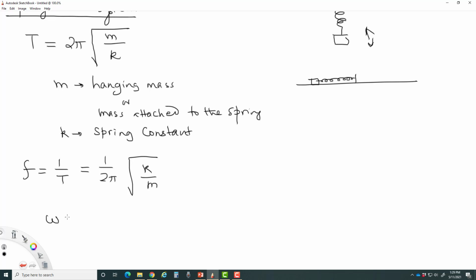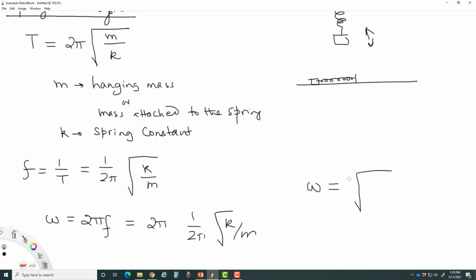And if I want to find omega, the angular frequency, it's 2 pi f, which is 2 pi times 1 over 2 pi square root of k over m. So canceling 2 pi and 2 pi, omega is the square root of k over m.